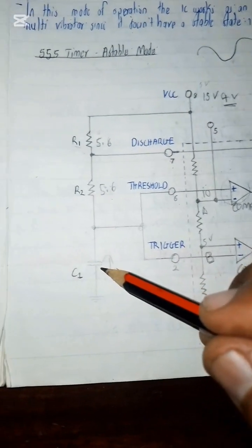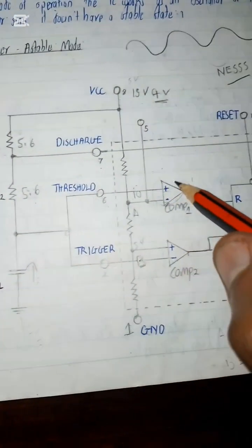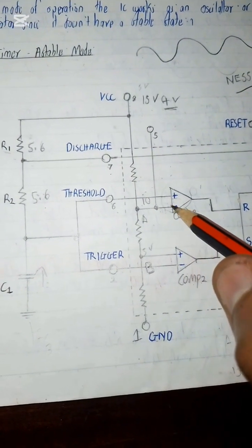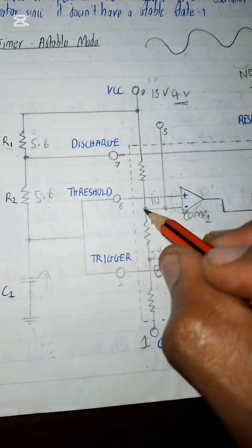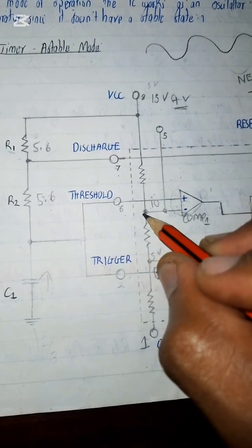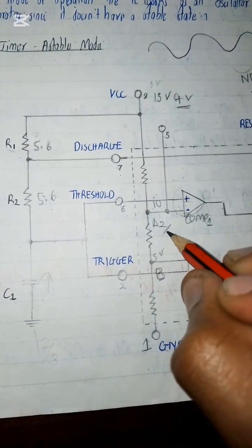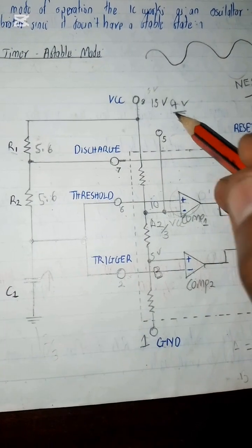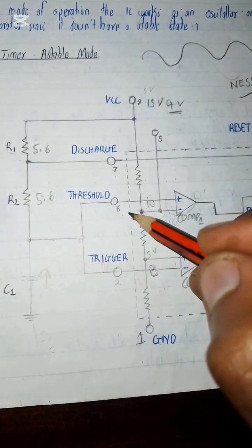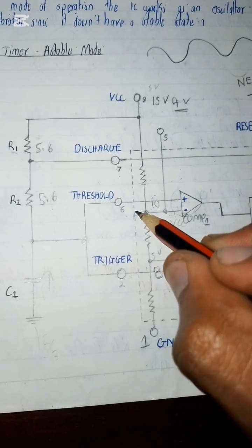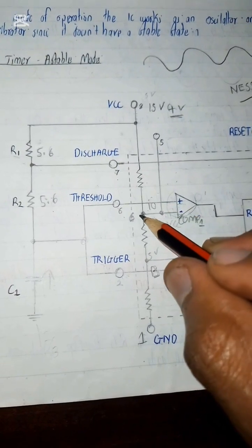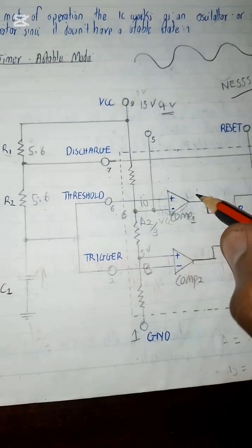But since our capacitor is charging, at this point we have a low. It's lower than point A, which is usually 2/3 of VCC. If you're using a 9 volt power supply, this point is going to be 6 volts. So pin number 6 is lower than 6 volts, meaning that this will give a 0 output.